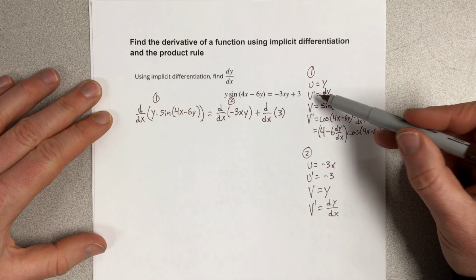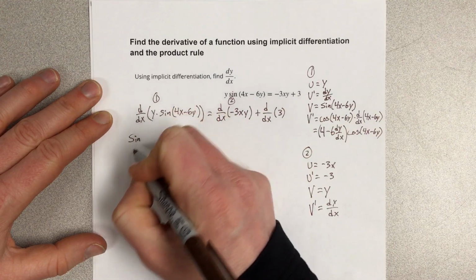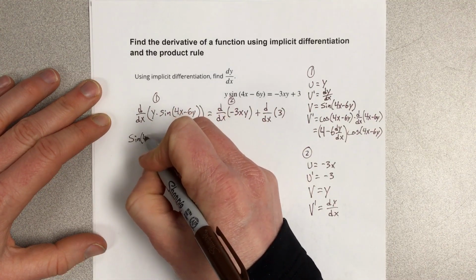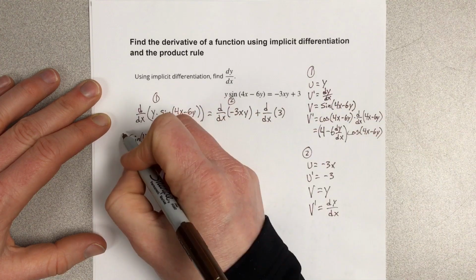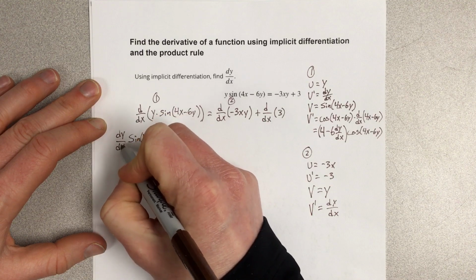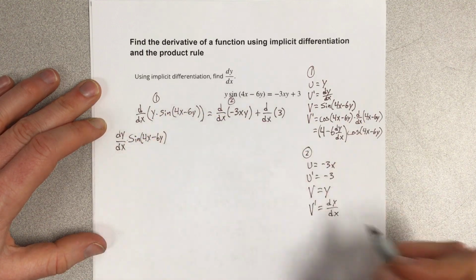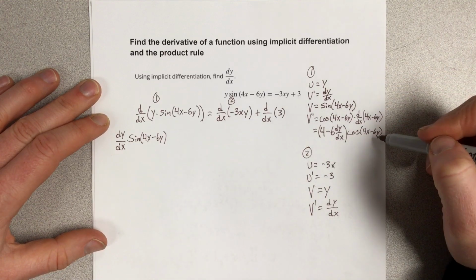So I've got u prime times v, so I'd have sine of 4x minus 6y. And I'm going to write dy/dx out front here, so that'd be dy/dx times this. And then we have y times this whole function here.